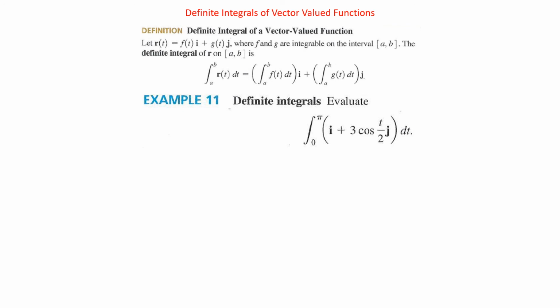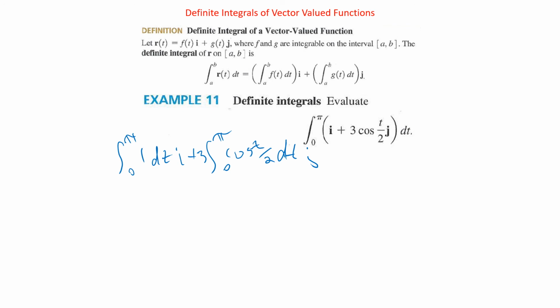So we're going to have the antiderivative from 0 to pi of 1 dt times i, plus the antiderivative from 0 to pi of 3 cosine t over 2 dt times j. So we can move them like that.